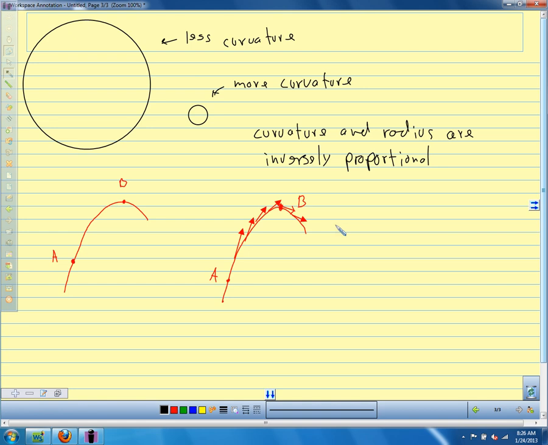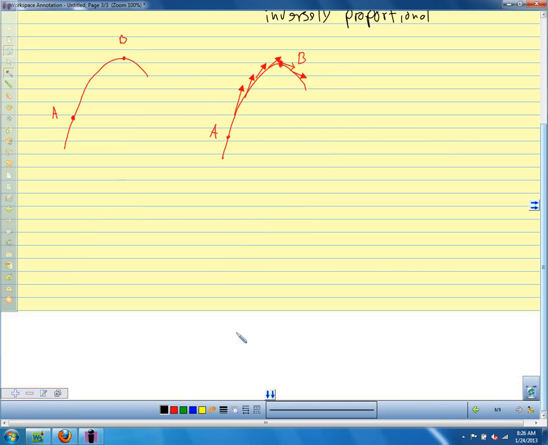It's changing direction. It's changing direction more rapidly near point B than it is near point A. So where the curvature is higher, our tangent vector is changing more rapidly. So we're going to define, and in math we love when we can define things, because as long as our definition makes sense, we say this is what it is. So we're going to define the curvature using this as motivation.